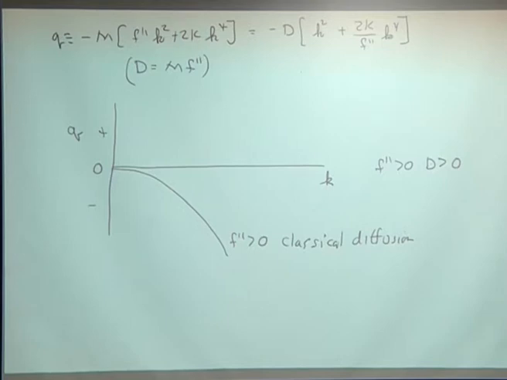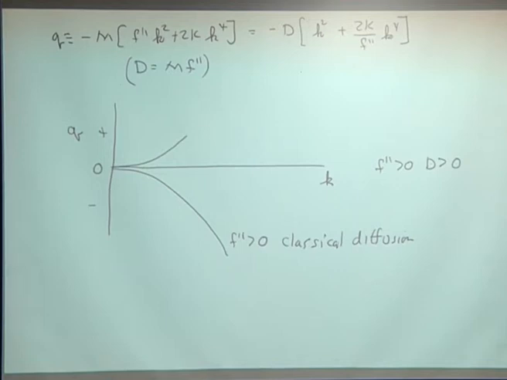If you're within the spinodal and f double prime is less than 0, this becomes positive, negative. So this whole term here is positive. So for small k, this term's going to dominate, and it's going to look like a parabola, and it's going to be pointed up like this. And that was the bad thing that was happening to your diffusion code when d was negative.